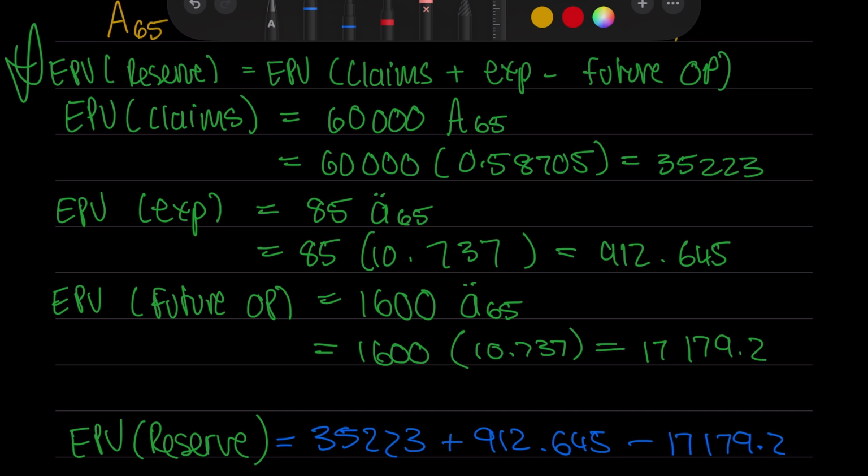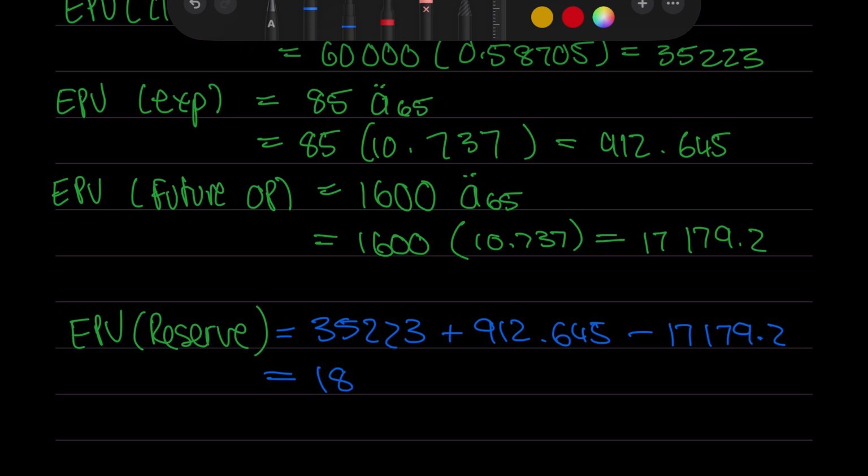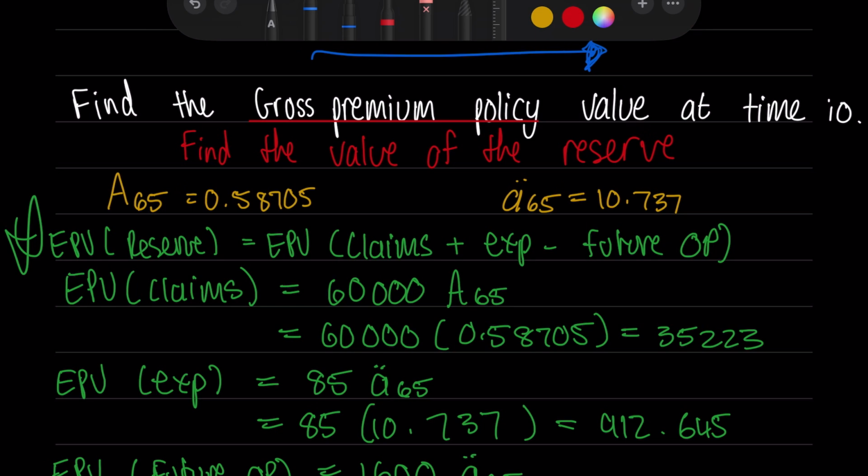In a calculator, answer is 18956.445, which we can round to 18956.45 dollars.